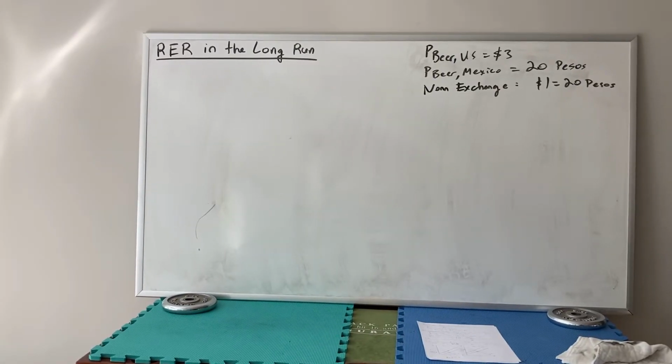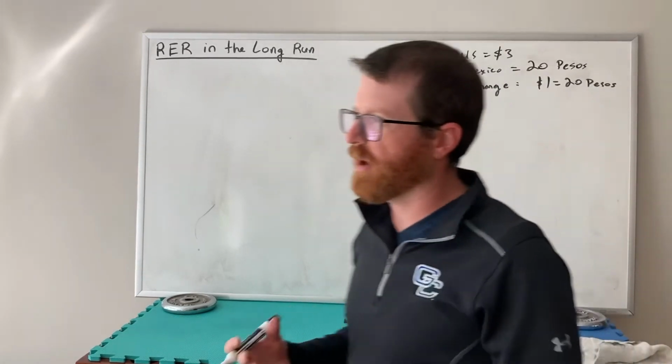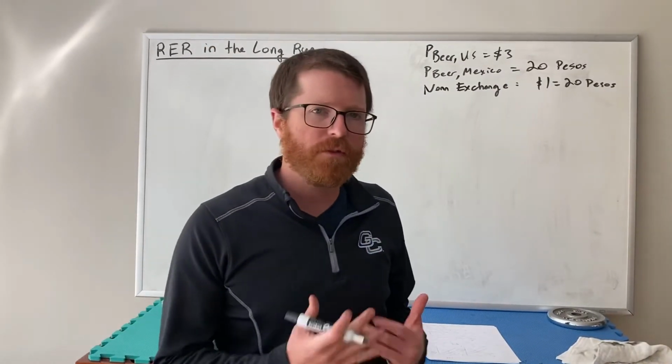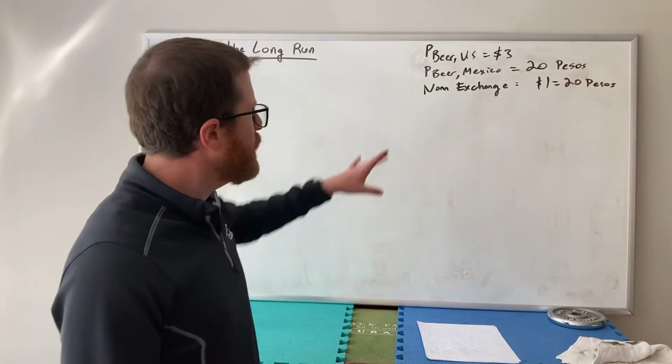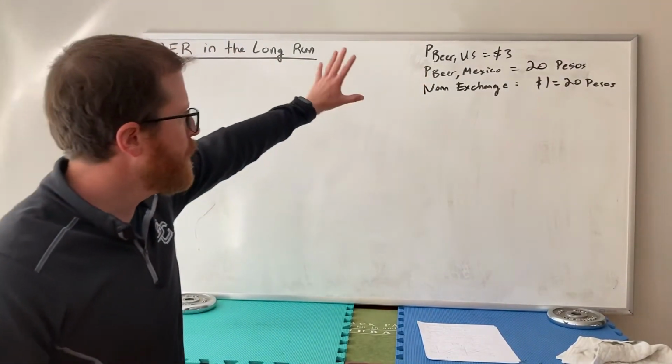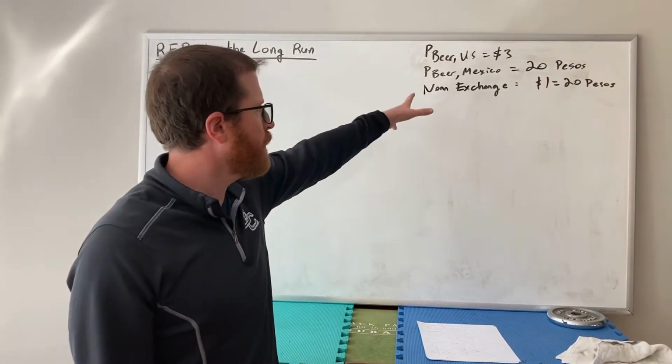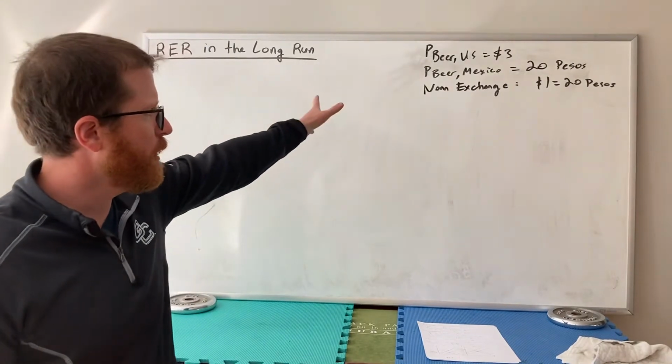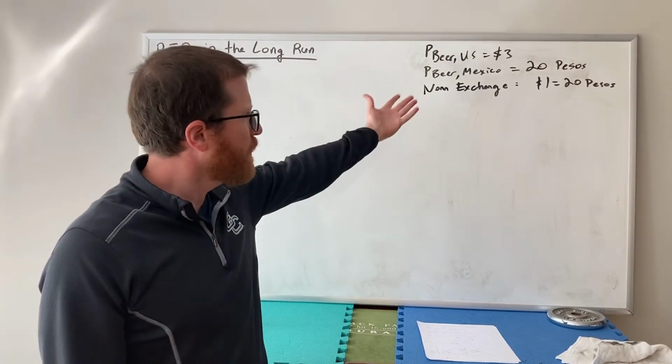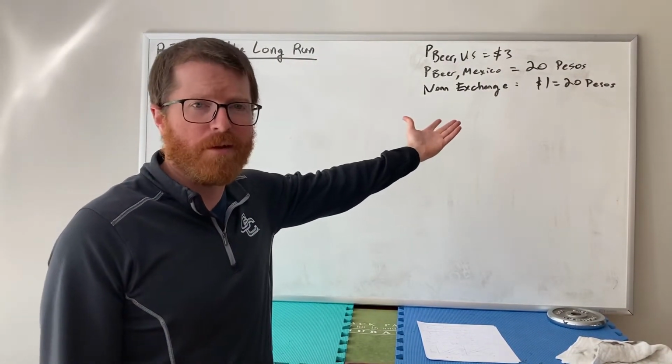Now, as an application, let's think about real exchange rates and how we might expect real exchange rates to change over time. Let's look at our example up here for beer in the United States, beer in Mexico, and the nominal exchange rate. In general, where would you rather buy beer in this example?